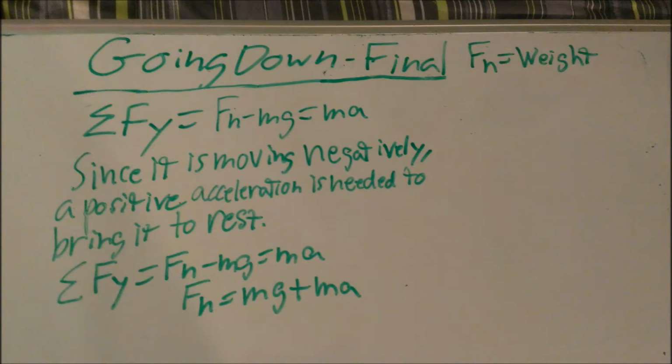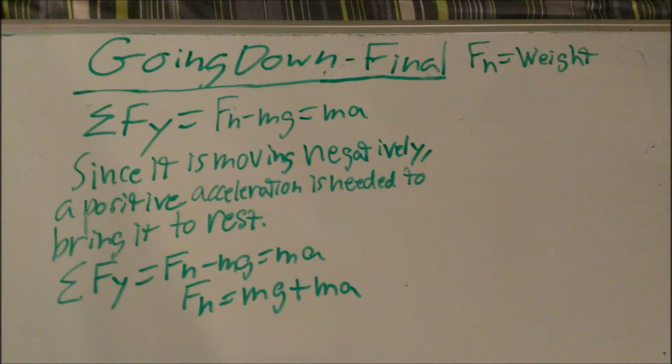The final part of the going down trip shows, since the elevator is going down with a negative velocity, a positive acceleration is needed to bring it to 0. So therefore we can write the equation Σ F_y is equal to Fn minus mg equals ma.